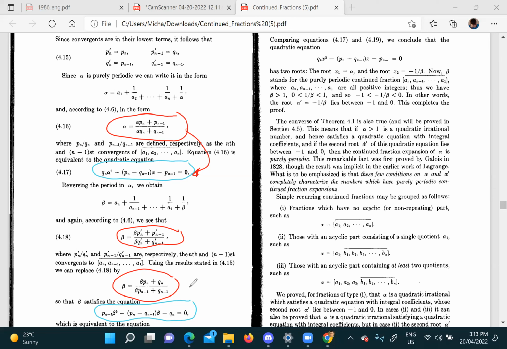Divide by alpha squared, then it's going to be the new beta. Basically if you replace alpha by -1 on beta, then you get the bottom equation for beta.